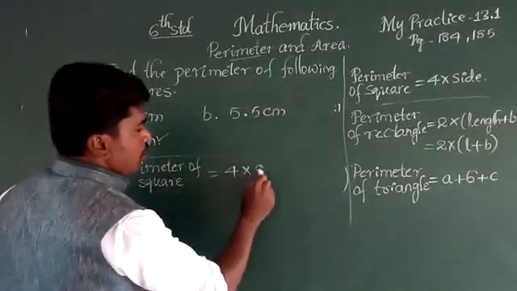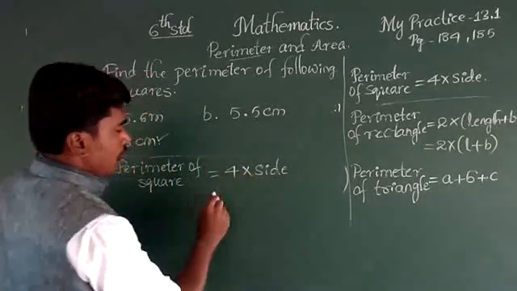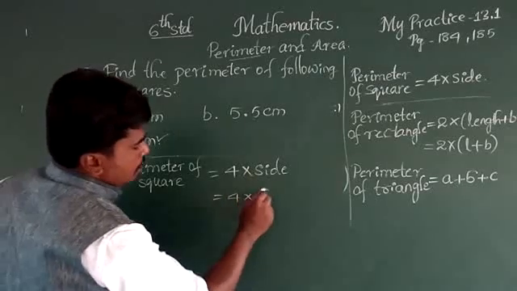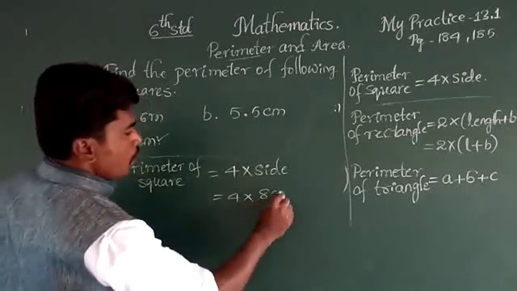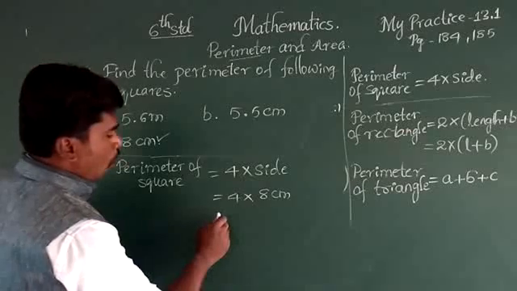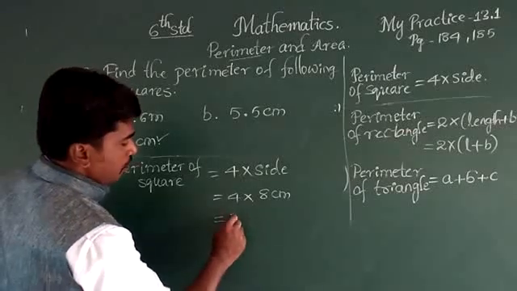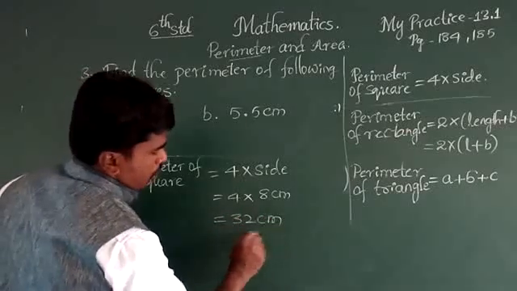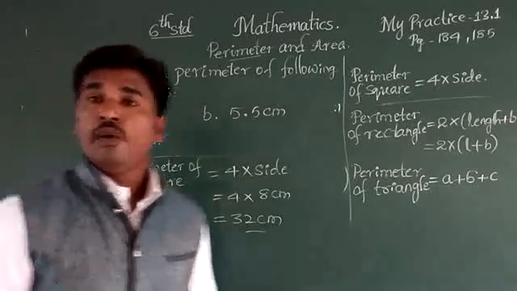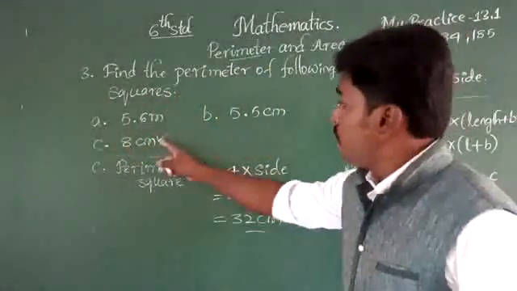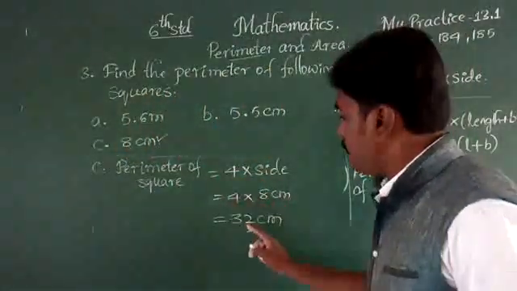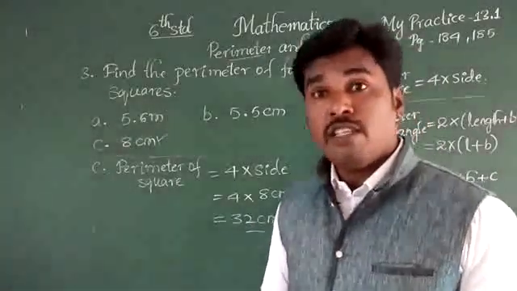It is 4 into the side, which is 8 centimeter. 4 8s or 8 4s, it is 32 centimeter. The perimeter of the square whose side is 8 centimeter is 32 centimeter.